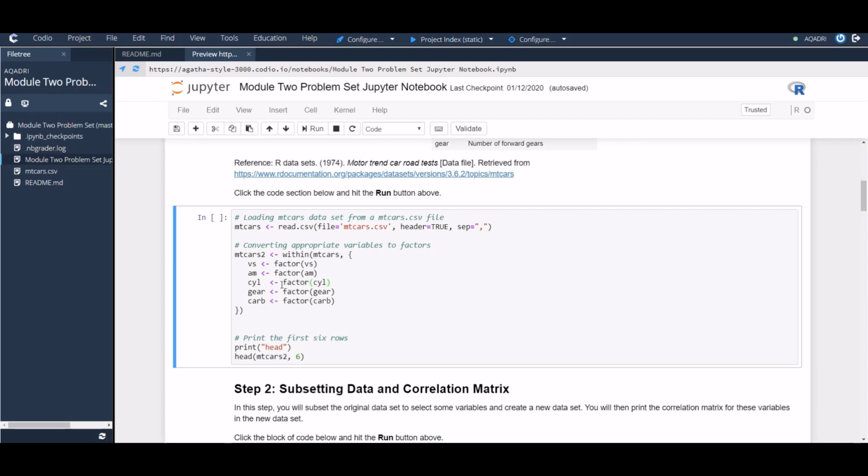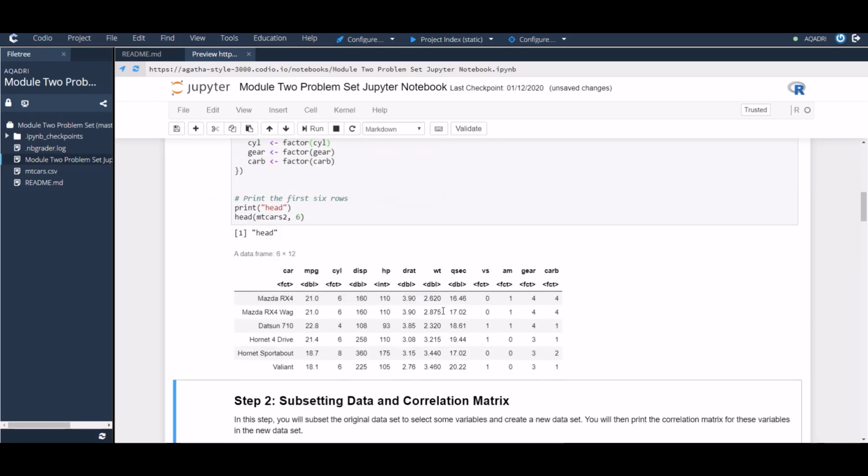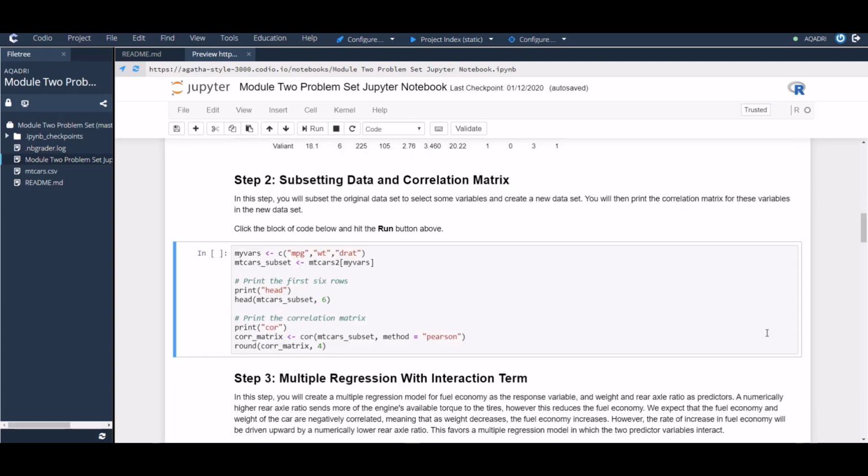So these are the categorical variables that need to be converted to factor variables. And then it prints just the first 6 rows of the data. So let's run this code block and see what we get. So here's the data set. This is the first 6 rows, and we will be working with some of these variables in the next steps.